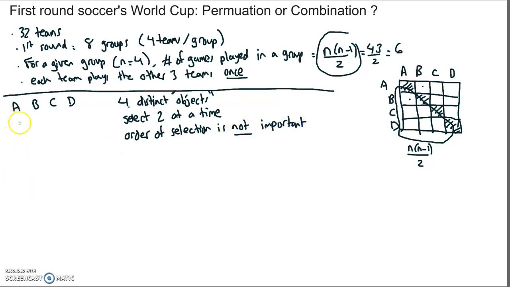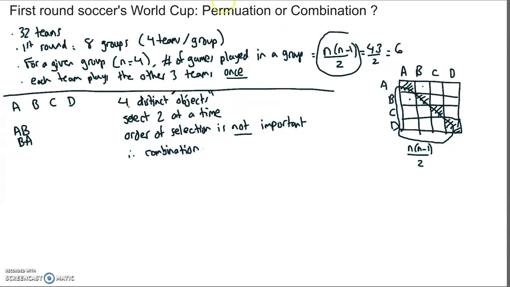What does that mean? It means if you select A first and then B, it's the same as selecting B first and then A, because at the end, A and B are going to play against each other only once. So the order of selection is not important. Since the order of selection is not important, that means here we're dealing with a combination.